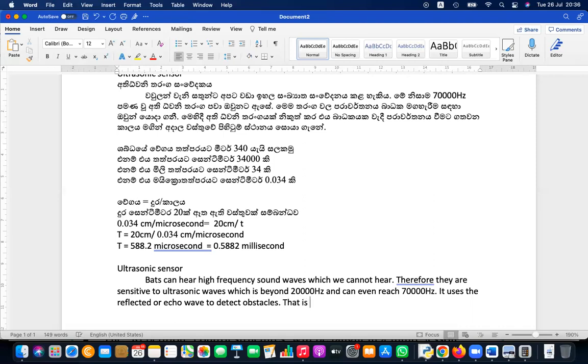That is done by measuring the echo time.